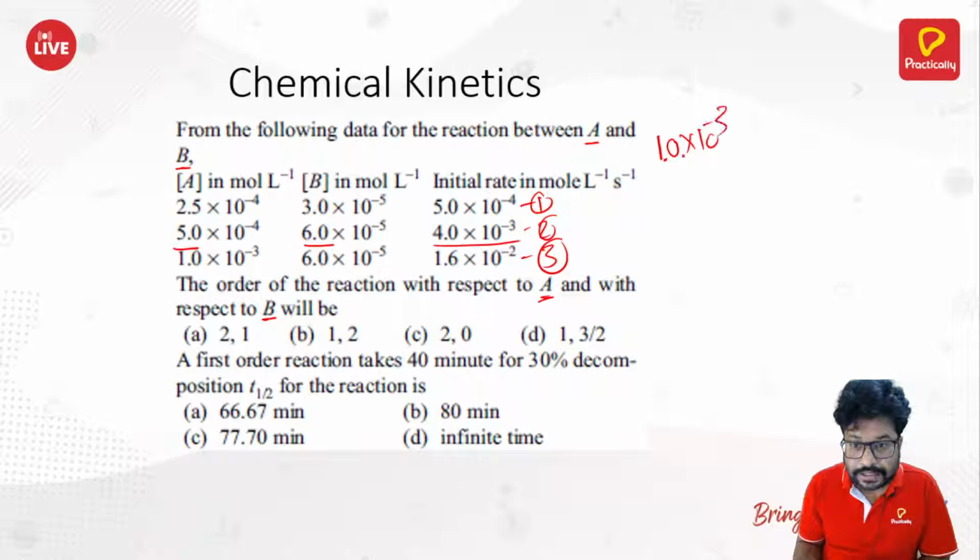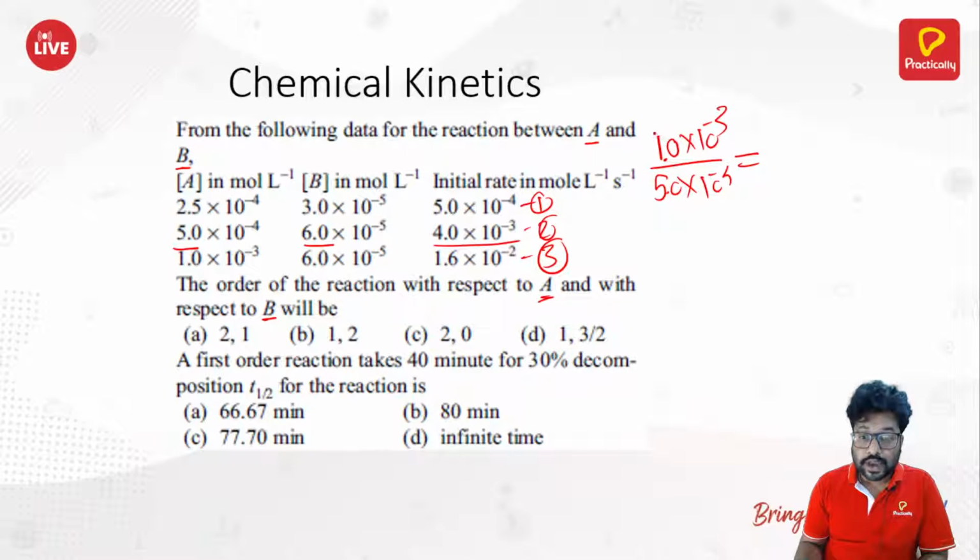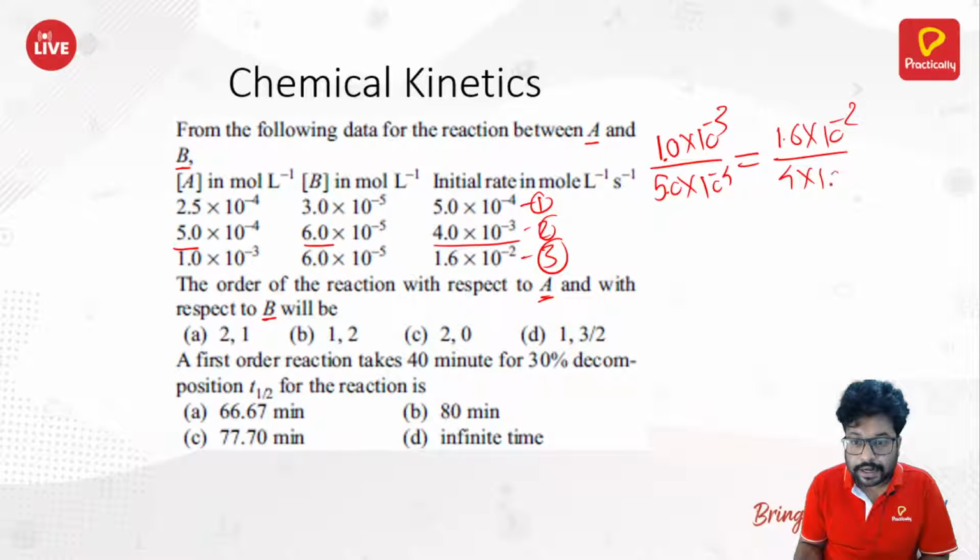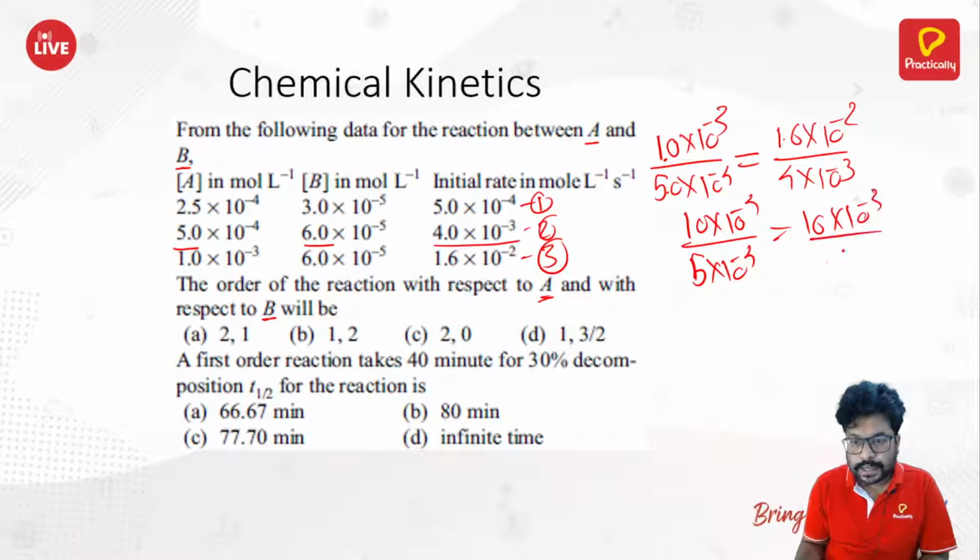1.0 into 10 raised to minus 3 divided by 5.0 into 10 raised to minus 4 is equal to, this is your A, right, 1.6 into 10 raised to minus 2 divided by 4 into 10 raised to minus 3. So converting, 10 into 10 raised to minus 4 divided by 5 into 10 raised to minus 4 is equal to 16 into 10 raised to minus 3 divided by 4 into 10 raised to minus 3.